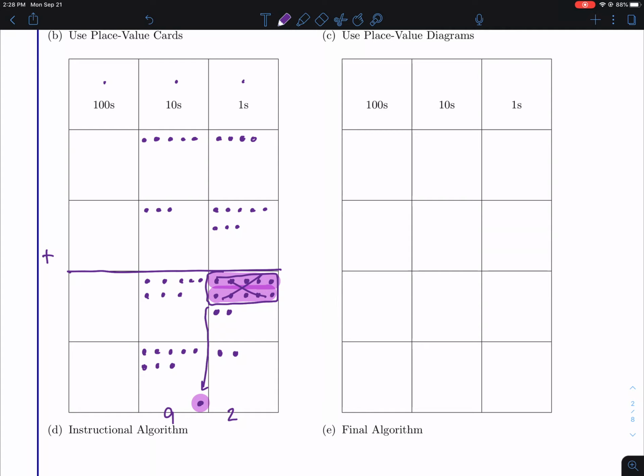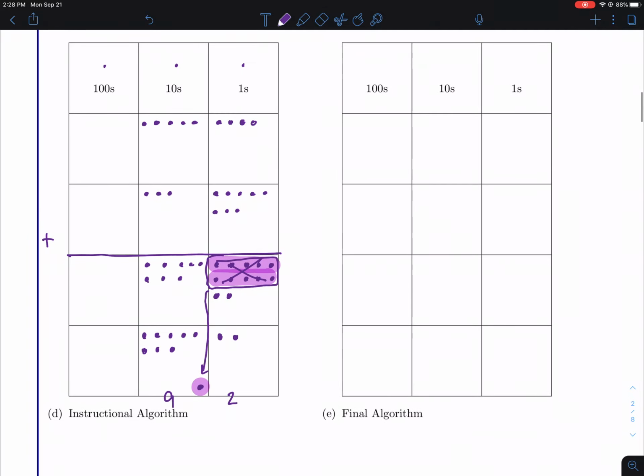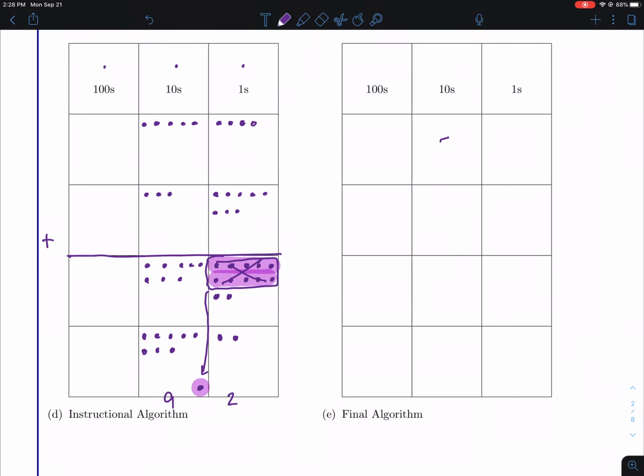And so again, what we're going to do is write this in expanded notation by placing each of the numbers in the right column. But instead of actually using the dots, we're going to use the actual numbers in this case. So when I'm trying to add 54 plus 38, that means I want to have a 5 in the 10 spot, and then a 4 in the 1 spot.